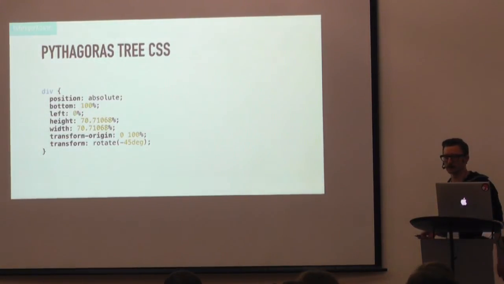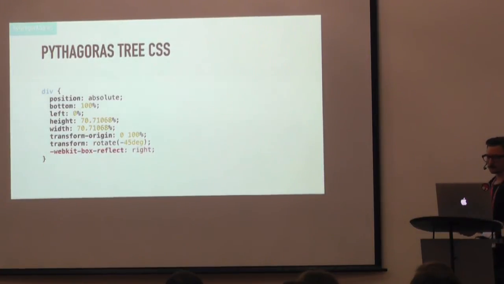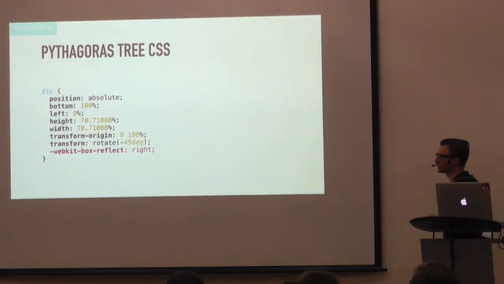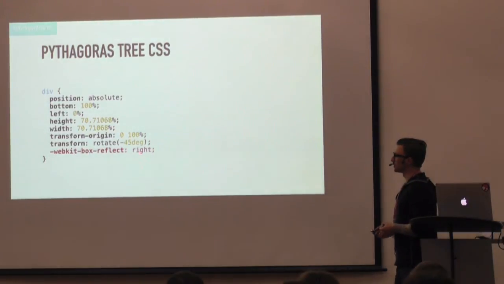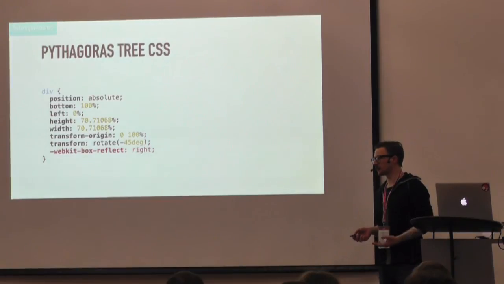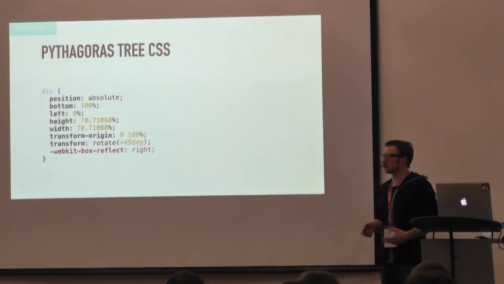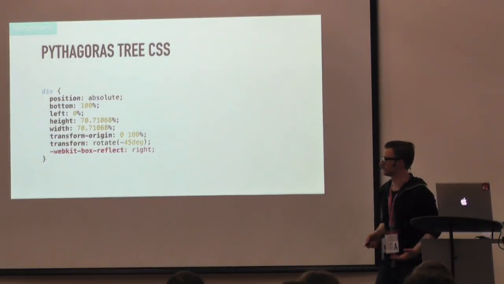I'm going to show this in detail. The magic that actually makes the tree is this line. Since it's a WebKit prefix and this only works in WebKit, it only works in Google Chrome. But I don't worry about that because it's an experiment, and I'm just testing stuff.